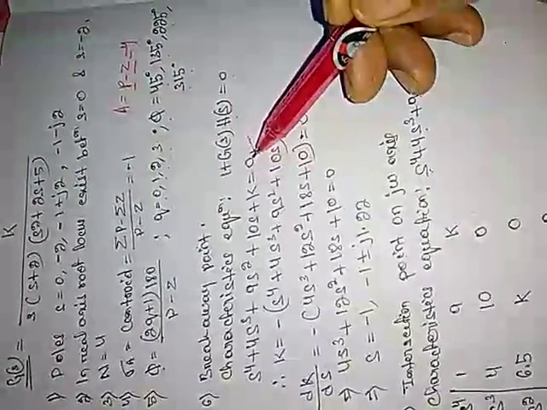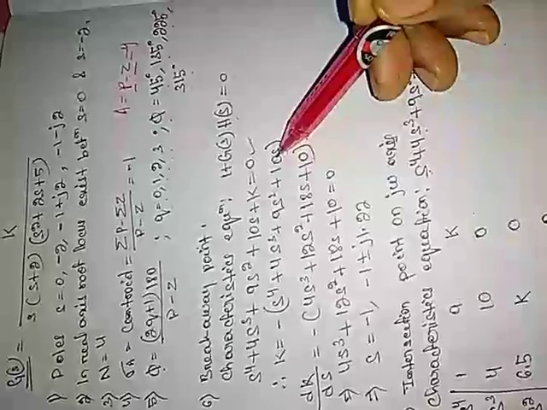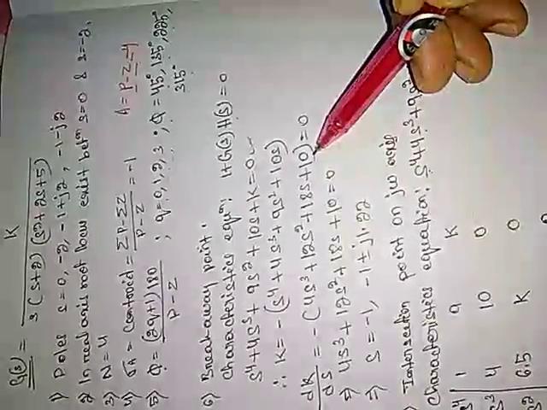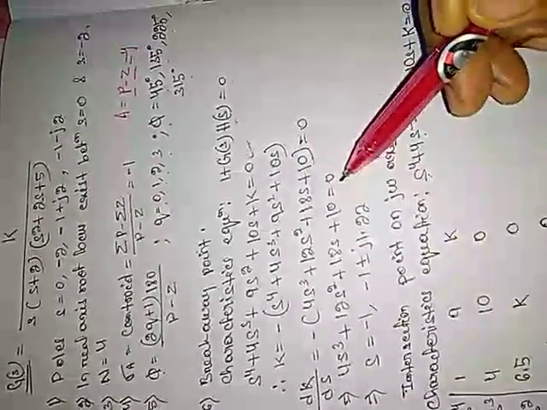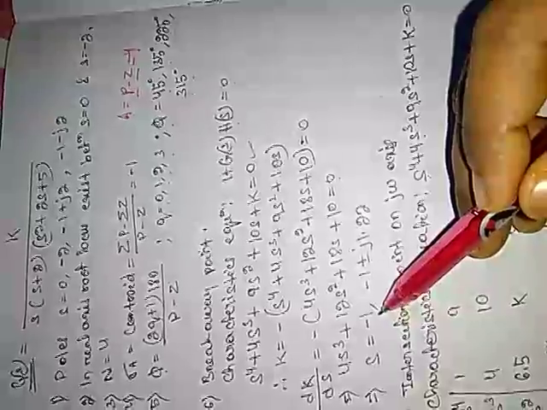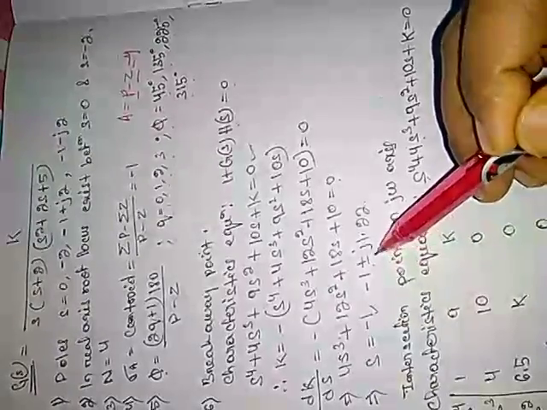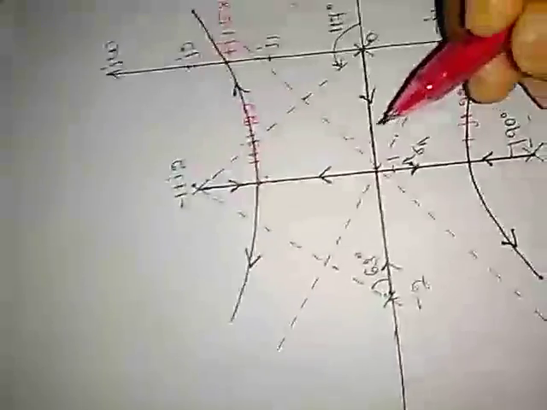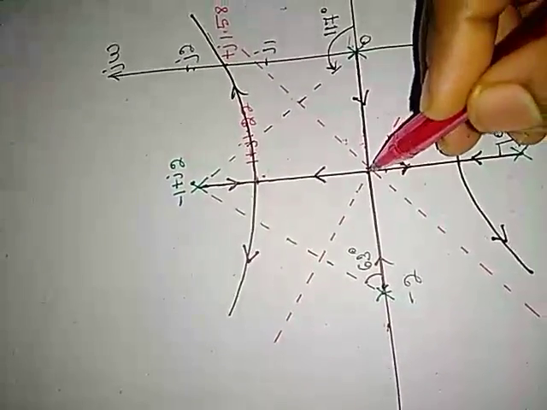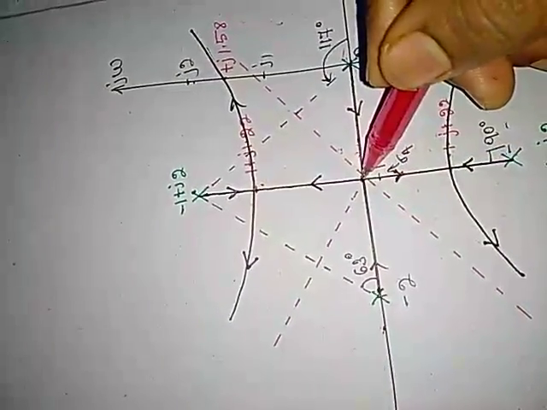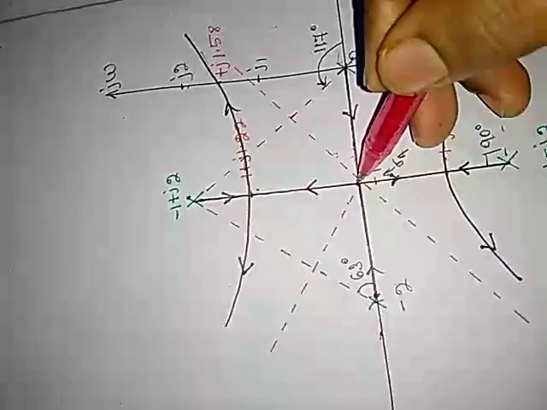From this characteristic equation you find K, then find the first derivative of K, and whatever equation you get, you find the roots of s. Here I get 3 roots because it is a third order equation: minus 1 and one pair of complex conjugate points. Minus 1 is what I get, which is also the centroid.